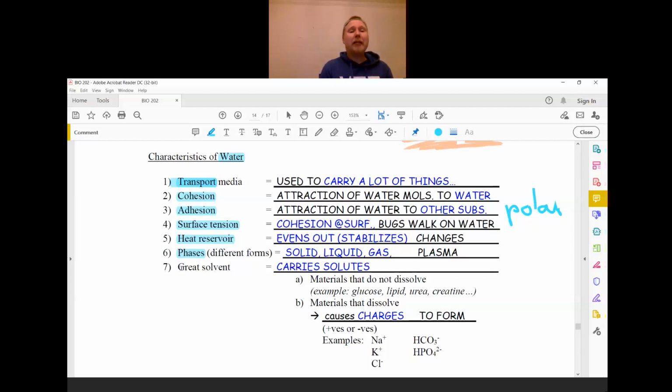And the final point, which is really important, is that water is an excellent solvent. So many things, many solutes are capable of getting dissolved into the water.